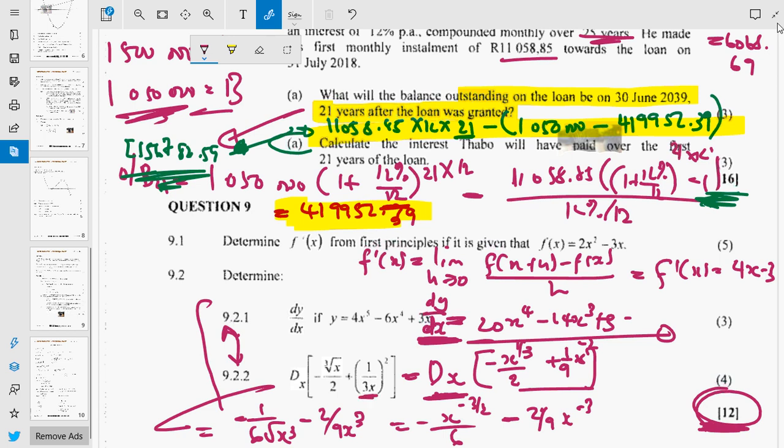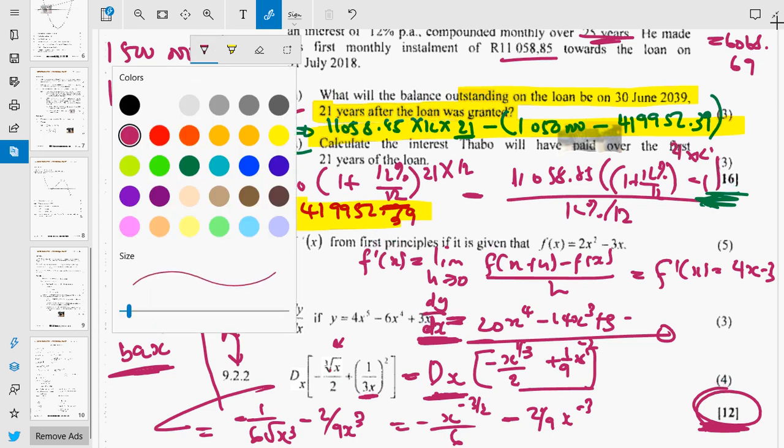Obviously we don't want x at the bottom, and we don't want x to be under the square root. We want the form a x to the power b, so that we can say ba times x to the power b minus 1. So we always want to do this. That's why I changed this to 1 over 3. And this here is just exponents.